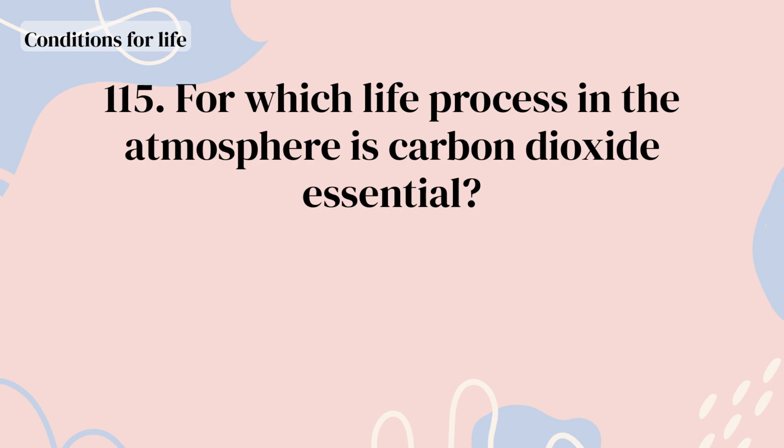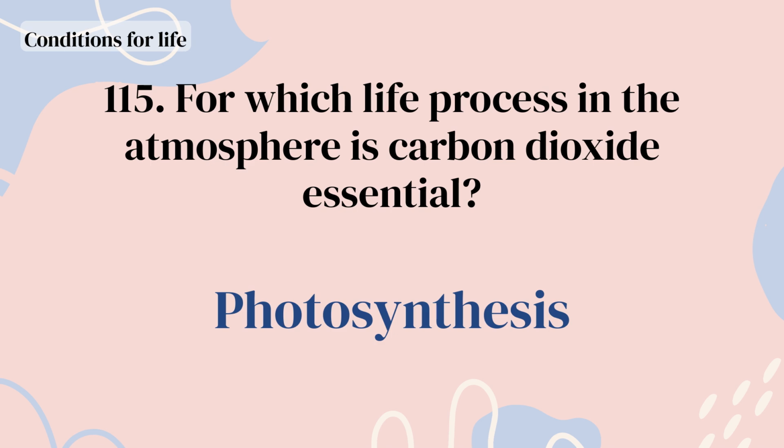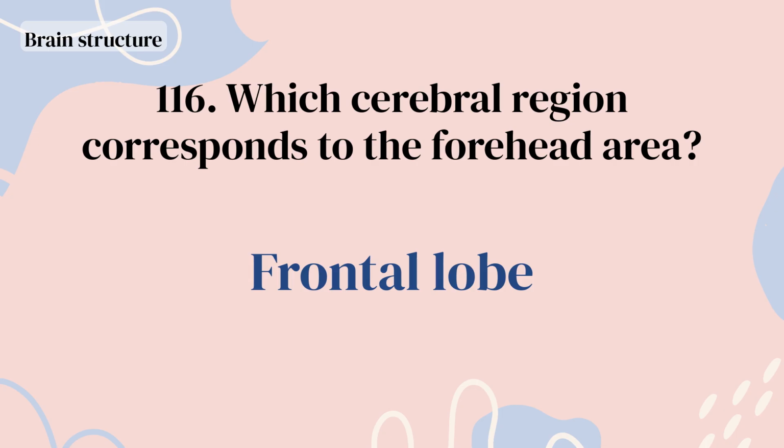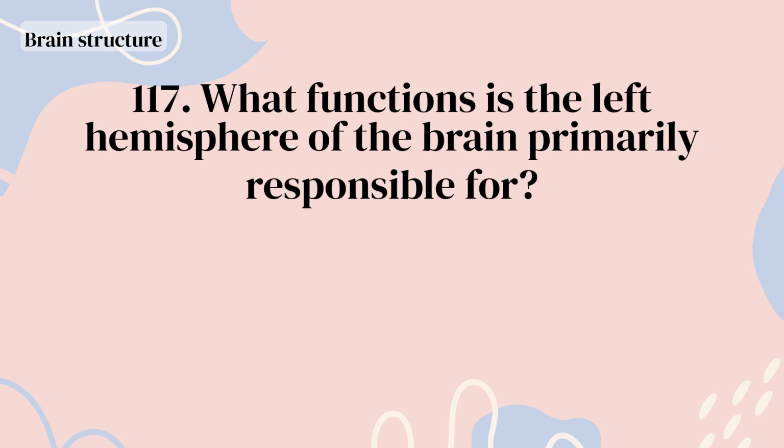For which life process in the atmosphere is carbon dioxide essential? Photosynthesis. Which cerebral region corresponds to the forehead area? Frontal lobe. What functions is the left hemisphere of the brain primarily responsible for?